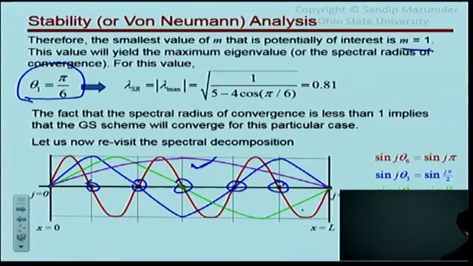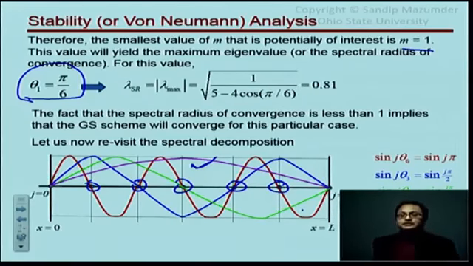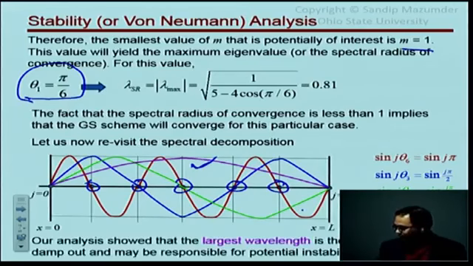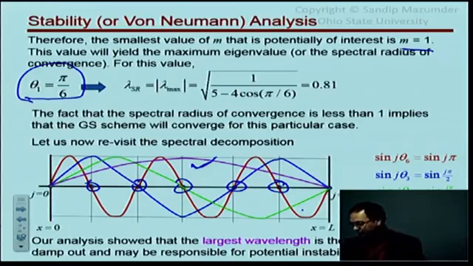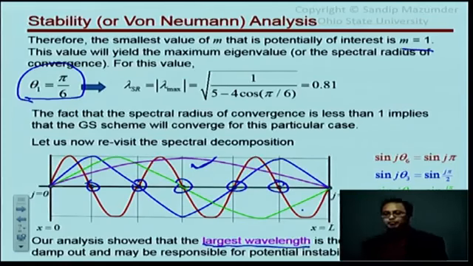Your point is very well taken that this example is for this particular Gauss-Seidel scheme, second order ordinary differential equation, but it helps us understand what's happening. Any other questions? So remember this: m equal to 1 is always our culprit, and that corresponds to the largest wavelength.